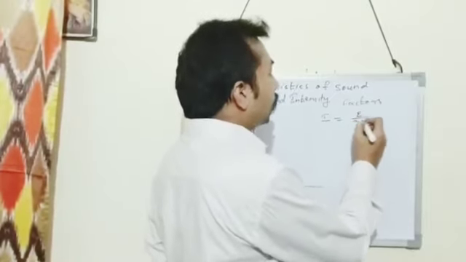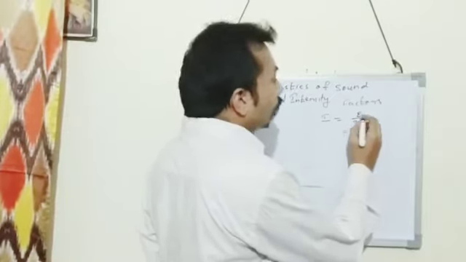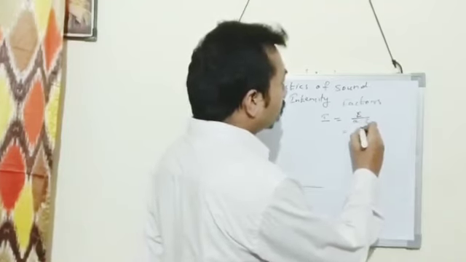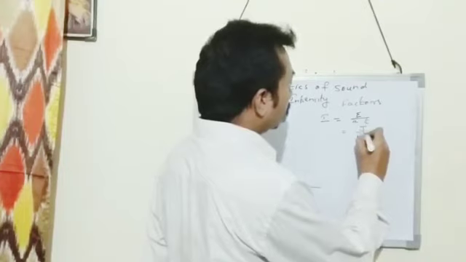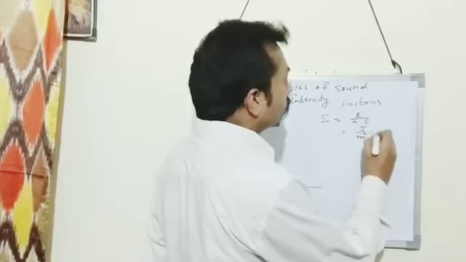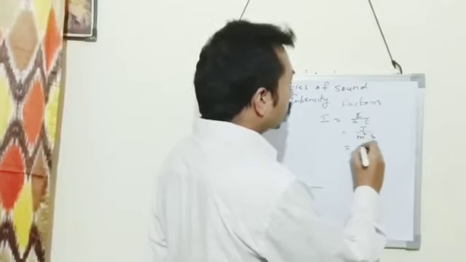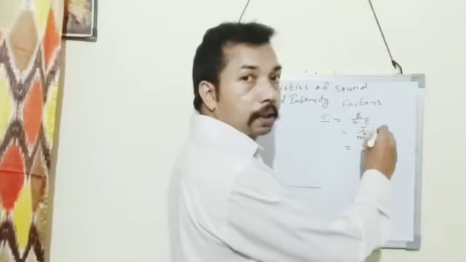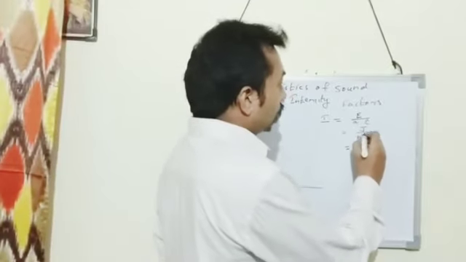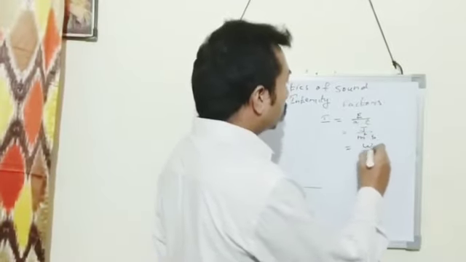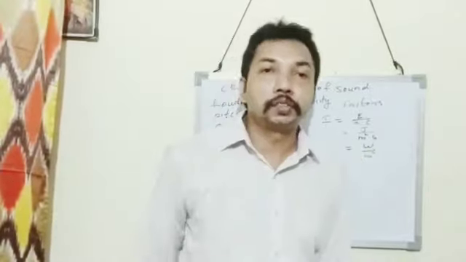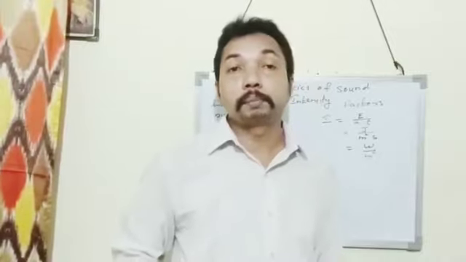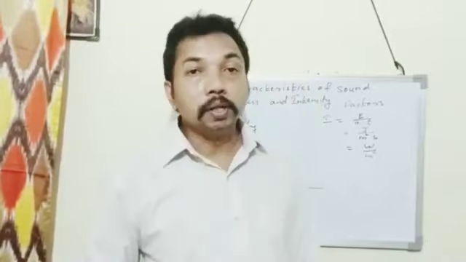So energy upon area into time. What is the SI unit of energy? Joule. The SI unit of area is meter square and time is second. Joule per second is called watt. So watt per meter square is the unit of intensity.